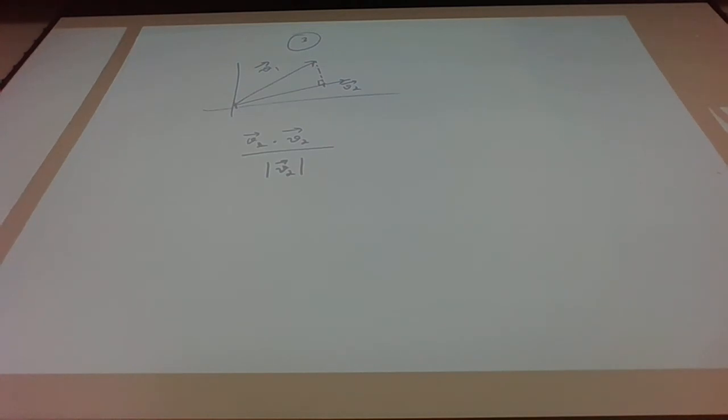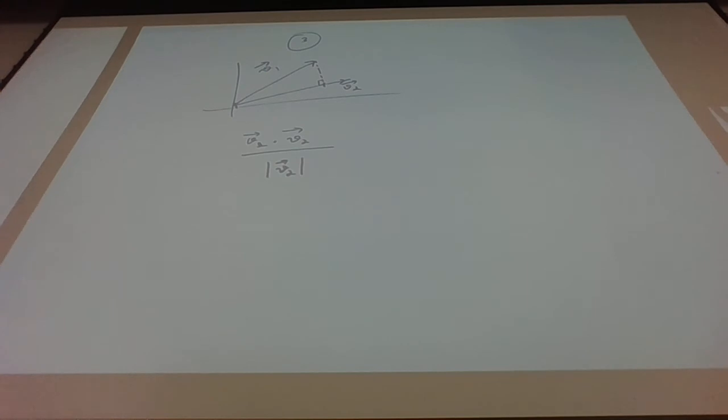So what do you get out of projection? The value of v1 along v2, but what will you do with it? Similarity, right? He says similarity. It is a measure of similarity between the vector v2 and v1.